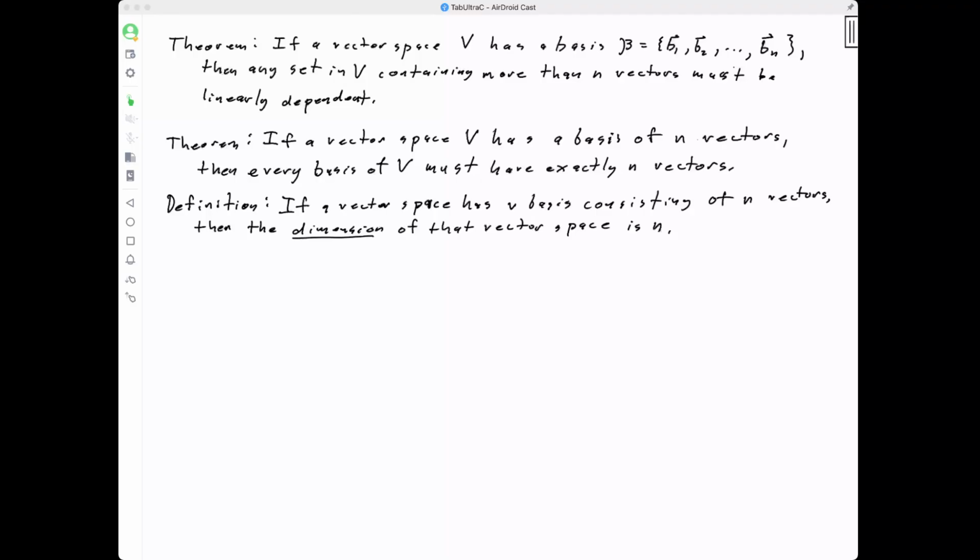So when we use the word dimension, all we really mean is the size of a basis.